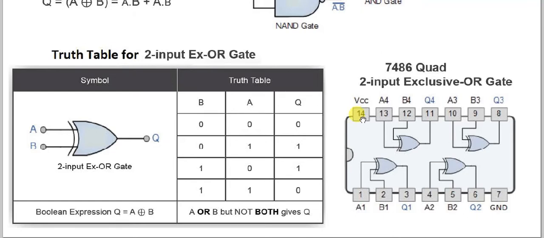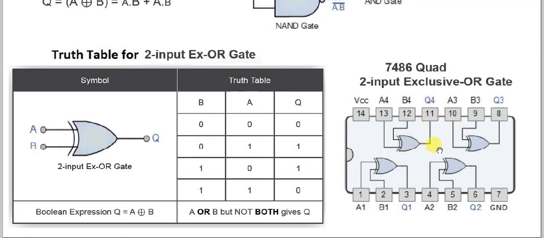The others are gate 1, the exclusive OR gate 1, with inputs A1 B1, and so on. 4 inputs of A's and B's are fed, and the 4 outputs Q1 Q2 Q3 Q4 are obtained. So it's a very useful exclusive OR gate IC used in electronic circuitries.